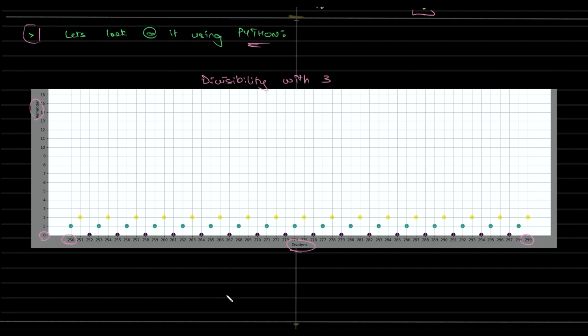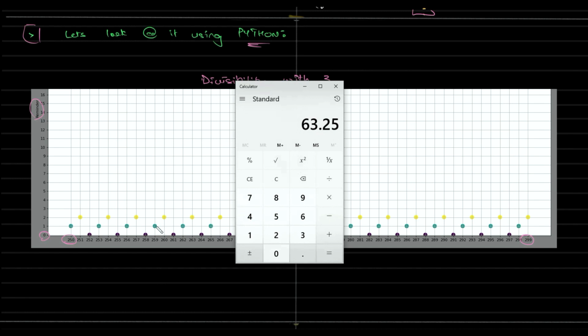So let's verify this. How to verify? Since it's showing that 252 is getting divided by 3 with a remainder 0, my quotient should be just a whole number, 84.